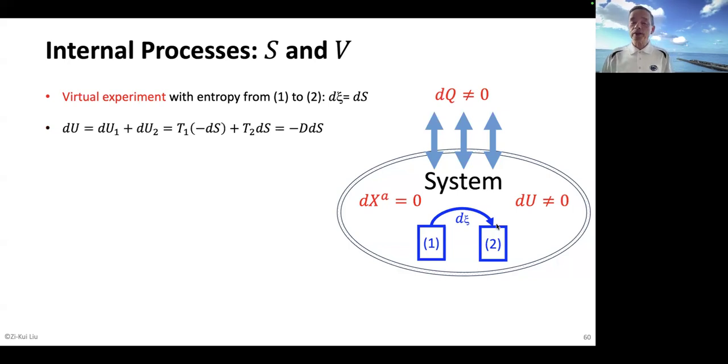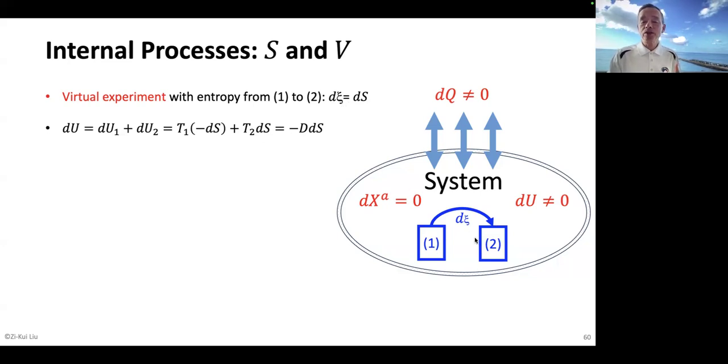So what is the change of the system's dU? dU equals dU1 plus dU2, because region 1 has a dU change and region 2 has a dU change. We add them together. We take the entropy out of region 1, so it's minus dS: T1 times minus dS. The dS is positive, right?